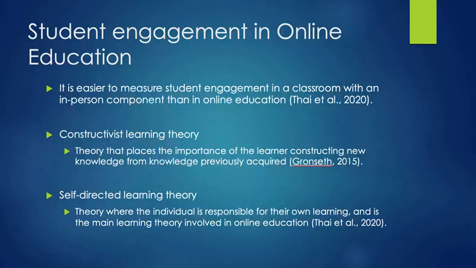The constructivist learning theory, for example, is one of the main learning theories used in modern education. This theory places the importance on the learner constructing new knowledge from knowledge previously acquired. As the learner makes pieces of knowledge in their mind and sends them to permanent, long-term memory, and then new information is gained, they can piece that information onto knowledge that is already put together, such as constructing with building blocks or Legos.